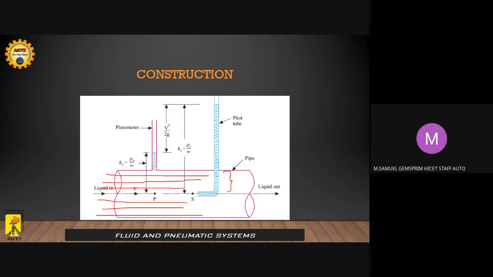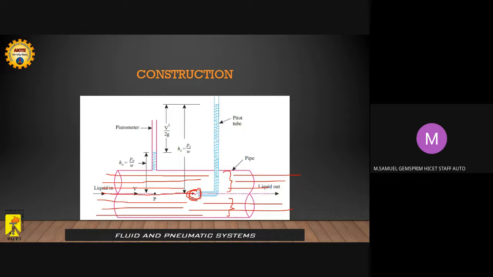In these free areas there is no restriction, so the flow takes place with the same velocity. But at this particular point, the fluid comes in and hits this region, and it gets obstructed or stopped by the inserted Pitot tube. So here it cannot move further.